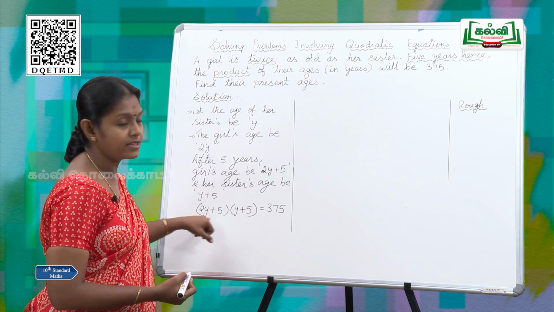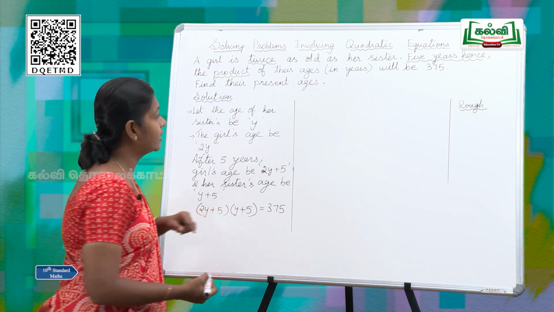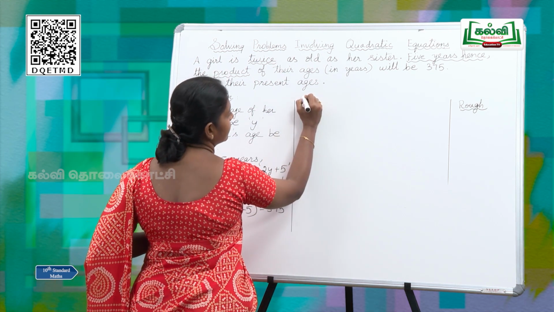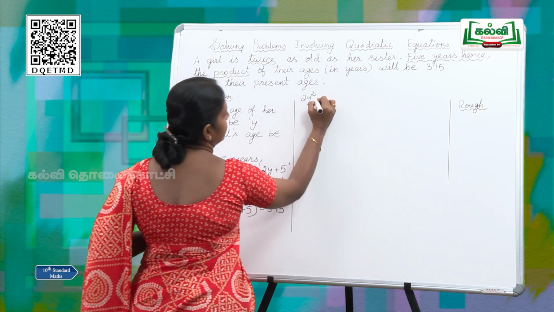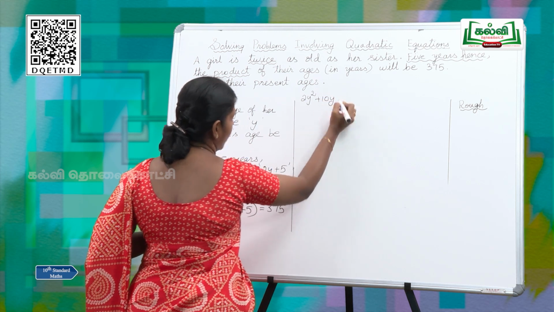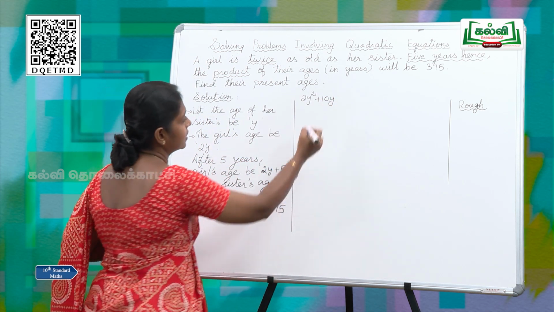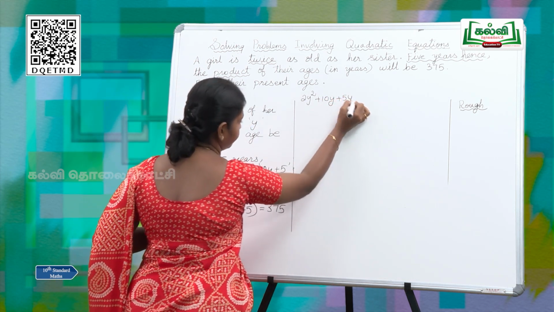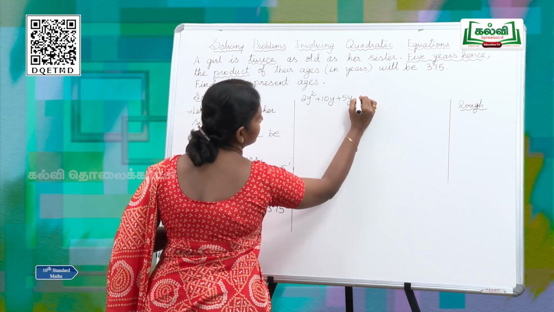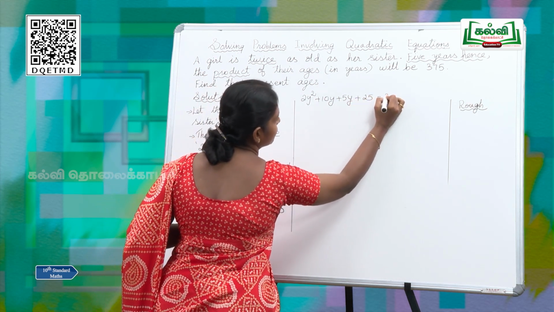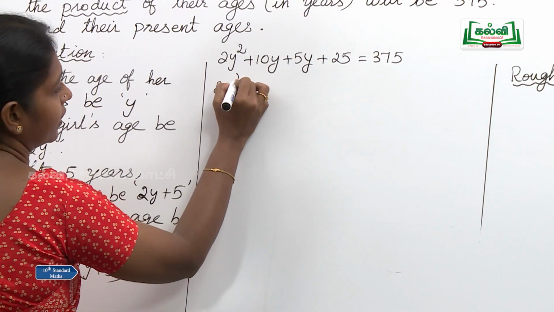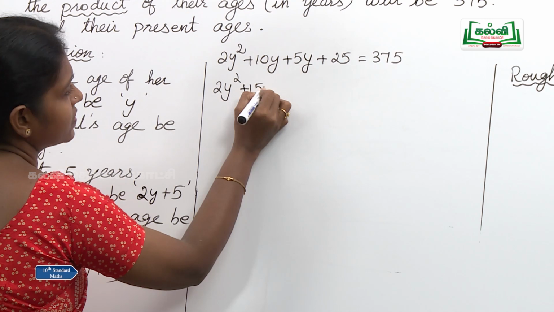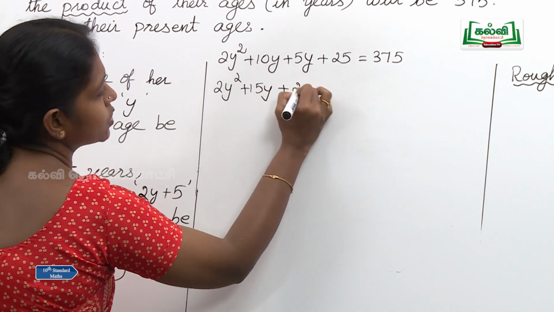Now, multiply these two. What will you get? 2y into y, 2y squared, and 2y into 5, 10y. Next, 5 into y, 5y, 5 into 5, 25, which is equal to 375. So, 2y squared plus 15y plus 25.